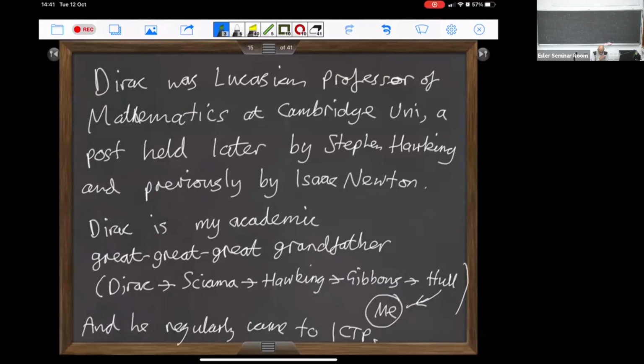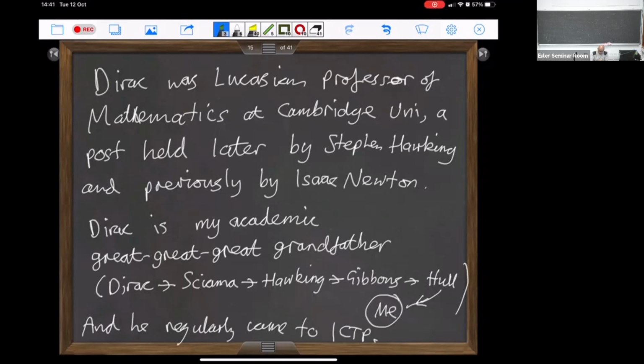Dirac supervised the PhD thesis of Dennis Sciama. Dennis Sciama, by the way, lived in Trieste for quite some time. Sciama supervised the thesis of Stephen Hawking, and Stephen supervised Gary Gibbons, who supervised Chris Hull, who supervised me. That's how it gets to be my great-great-great-grandfather academically.